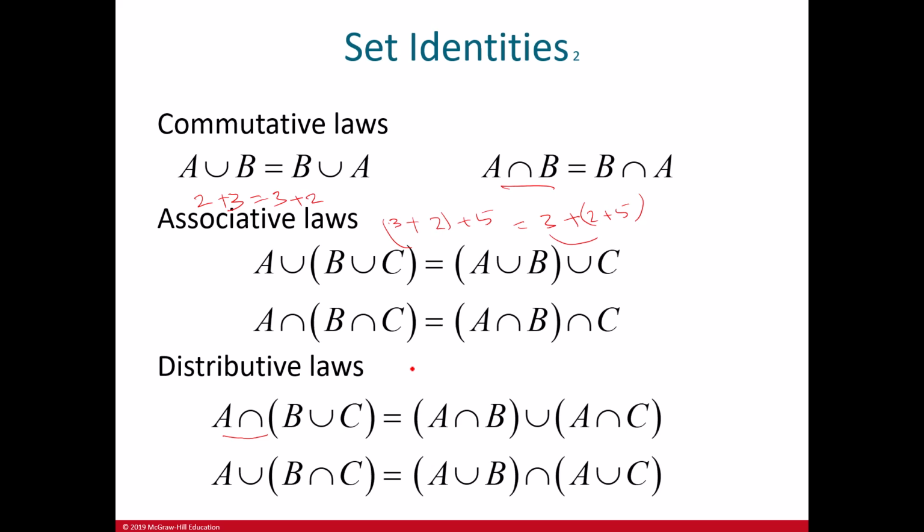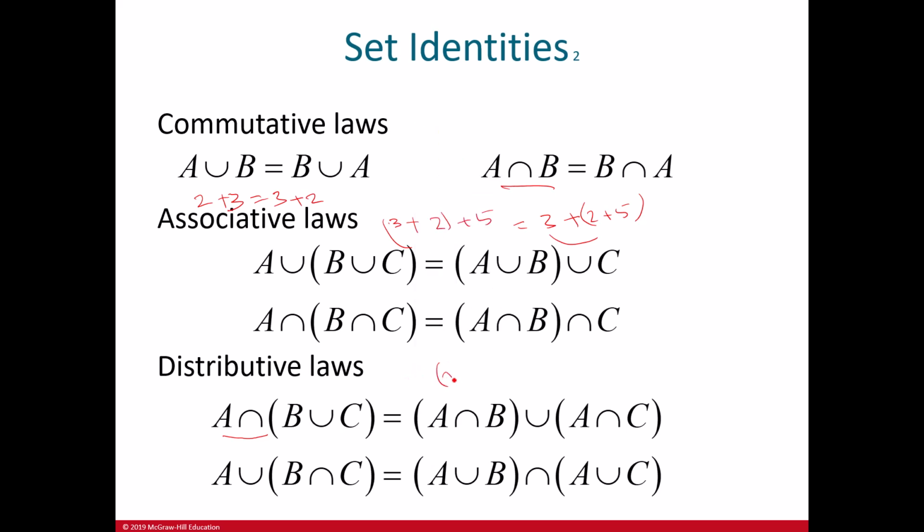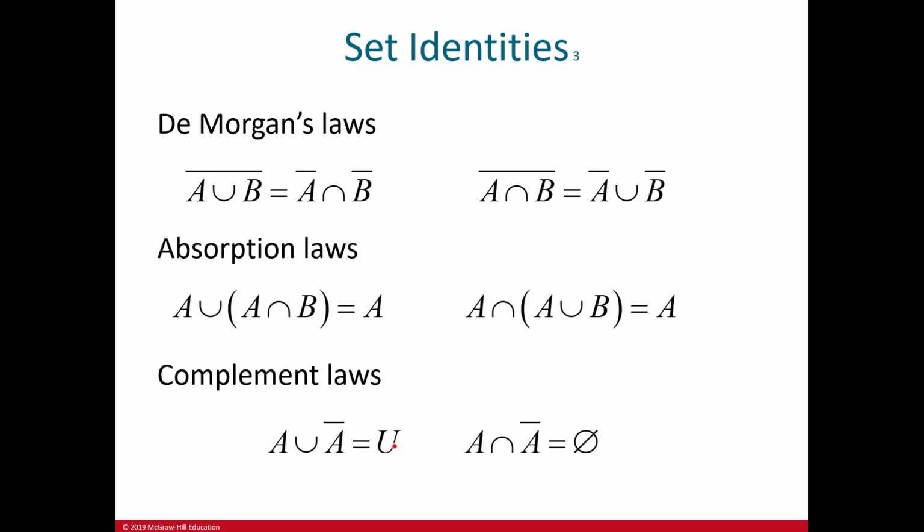Maybe a good example is from algebra. If you have something like 3 times (x plus y), in algebra this is the same as saying 3x plus 3y. They mean the same thing. And this is going to be useful in doing some proofs.